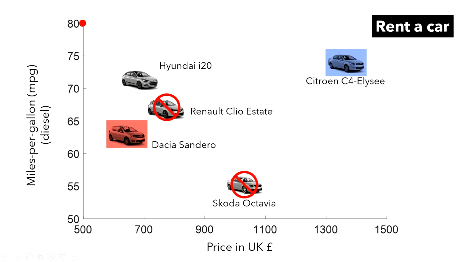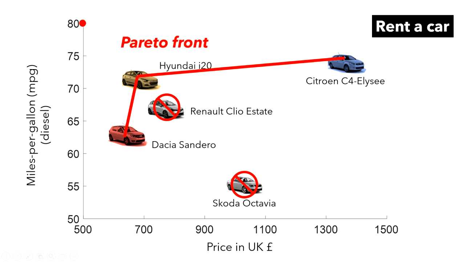So non-dominated alternatives are Dacia, Hyundai, and Citroën. And I can draw a graph line that joins all my non-dominated alternatives, and that graph is called the Pareto front, or sometimes the Pareto frontier.